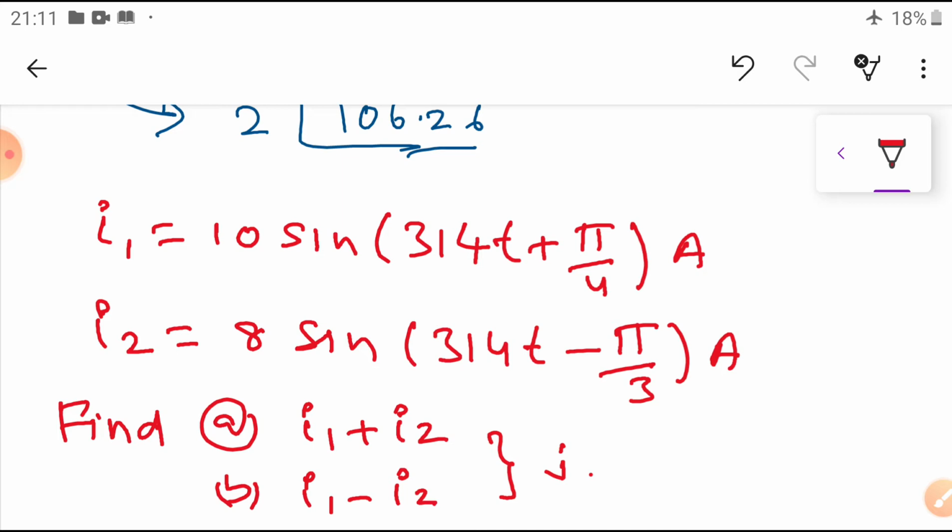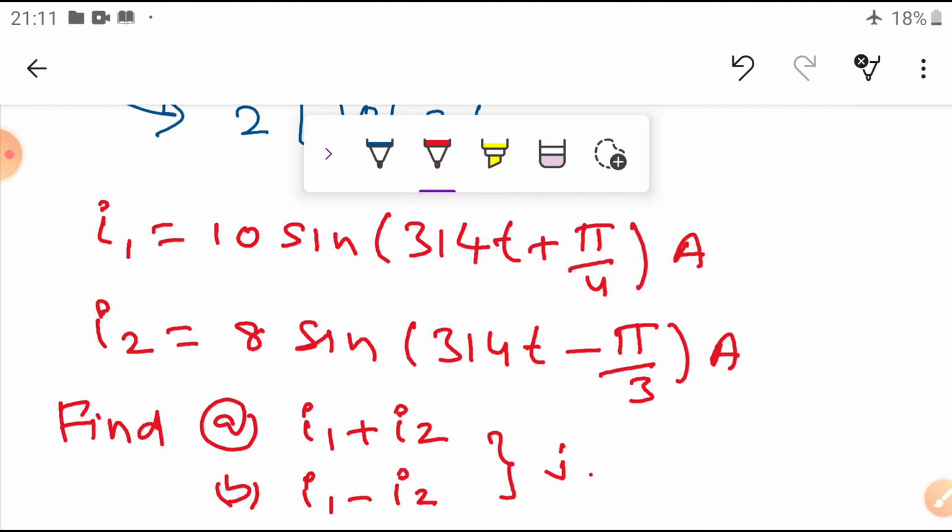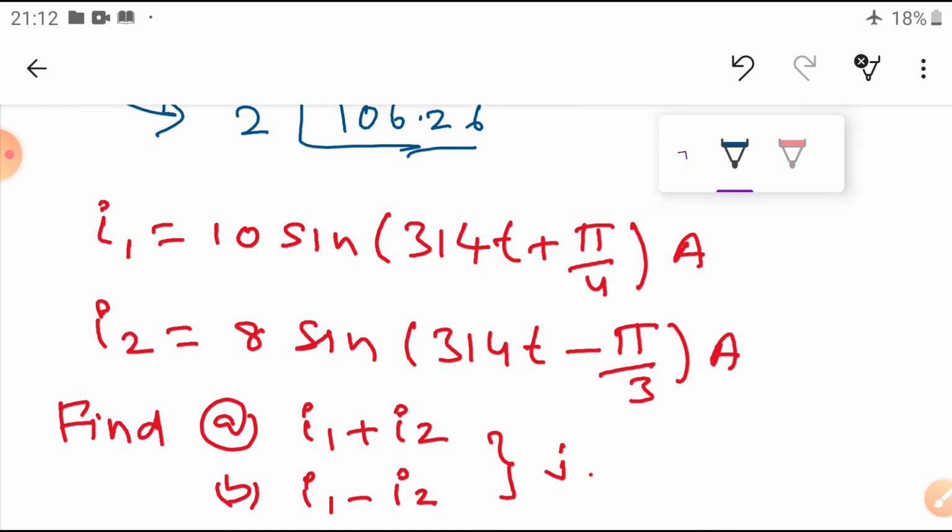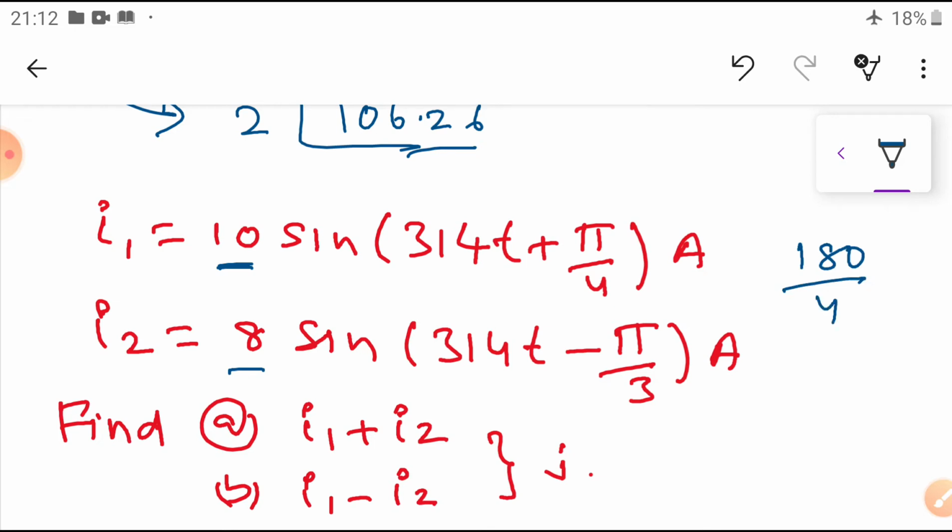Whatever current is given here, convert into our form. What is the maximum value here? 10. Here? 8. What is the angle? 5 pi by 4, pi means 180, so by 4 we get 45 degrees. Then 180 by 3 gives 60 degrees.